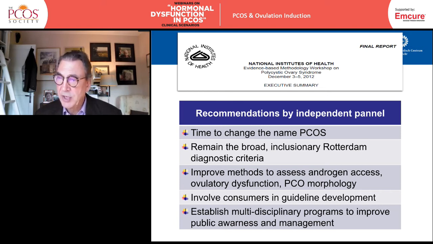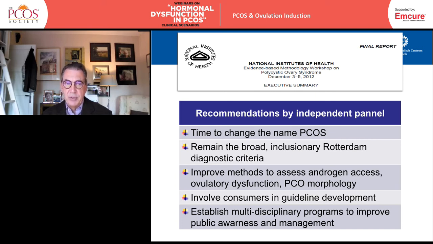It was an independent panel, we all had our lectures during that meeting, and at the end of the day, this independent panel of people not focused in research in PCOS themselves came with conclusions. Number one, quite interesting, they recommended a name change. Several attempts have been made since 2012, but not successfully, at least so far.